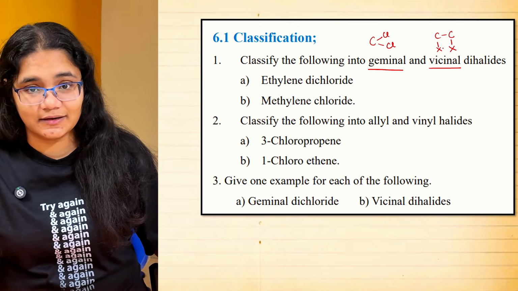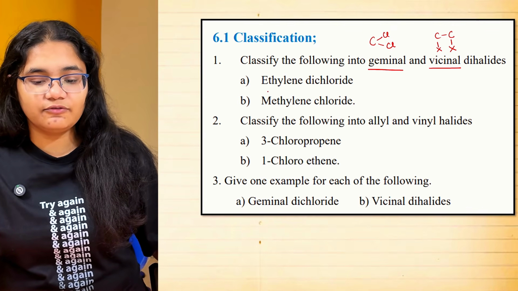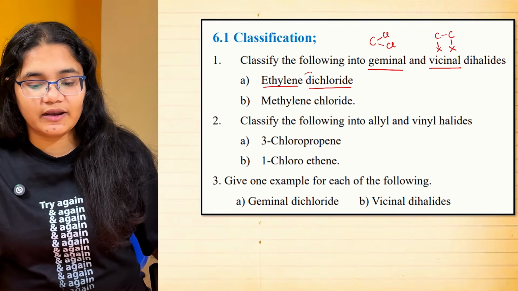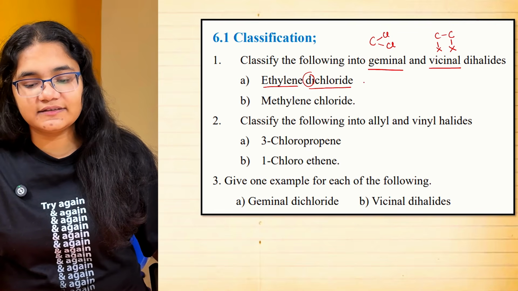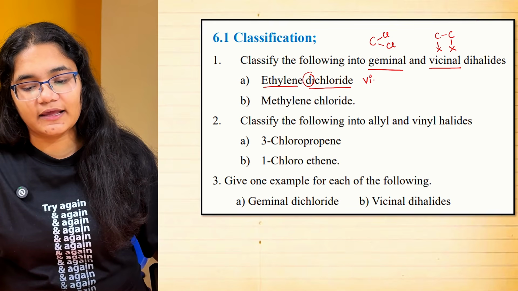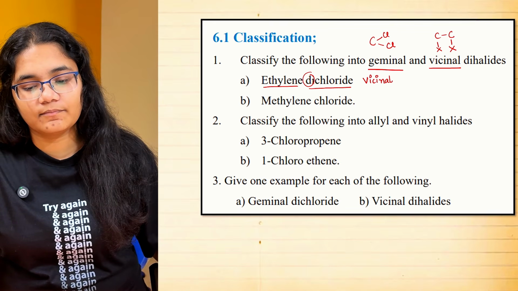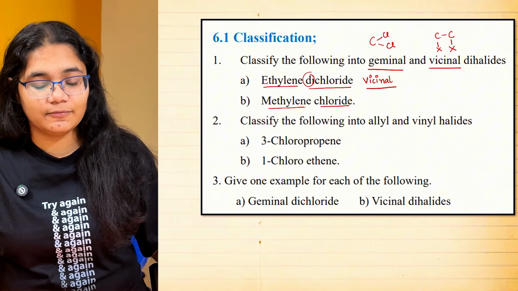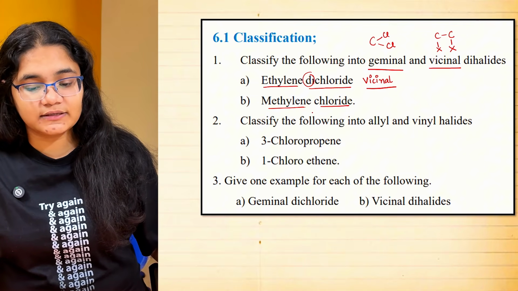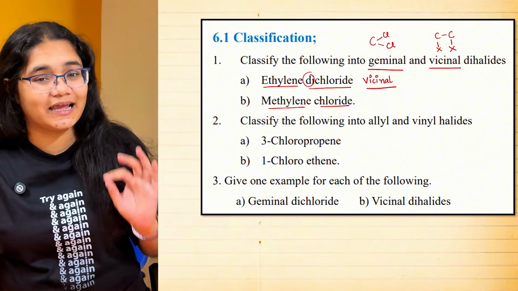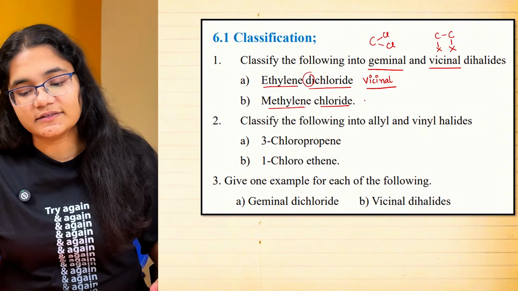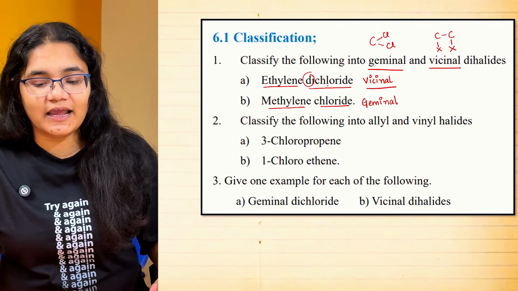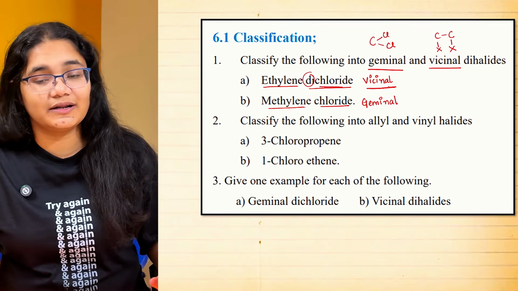Now if you have ethylene dichloride, from the name, whenever you have dichloride, it is a vicinal dihalide. And methylene chloride, where there is no 'di' used in the chloride part, is the geminal dihalide. Please remember, if 'di' is attached with chloride, then we'll call it a vicinal one.